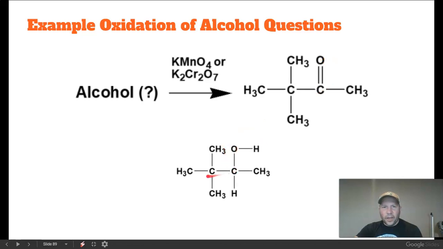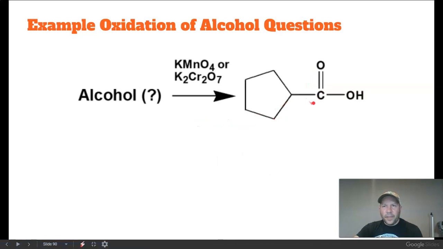Boom, right there. So that's the thing that forms because we knew it was a secondary alcohol because it formed a ketone, all right? The other type right here, if you look at this, look, there's your carboxylic acid. So we knew that this alcohol was a primary alcohol, which means that this carbon is going to have a hydroxide right there, but it's only going to have hydrogens coming off the other way.